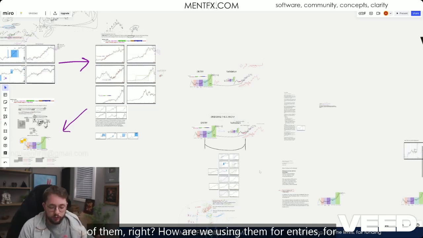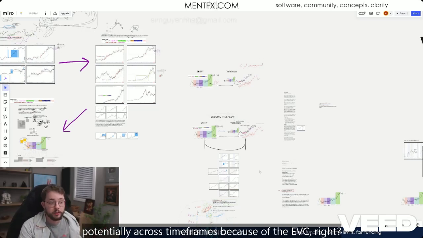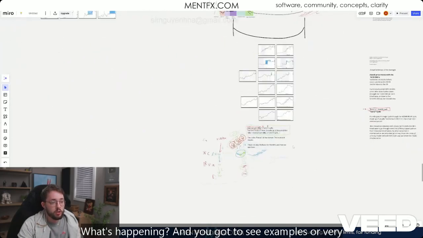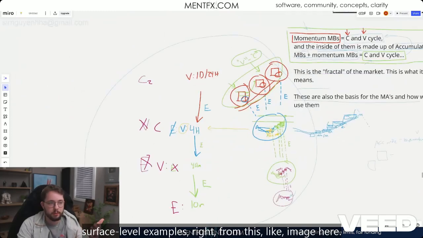How are we using them for entries, for momentum MBs, accumulation MBs? How are we using them potentially across timeframes because of the EVC, right? What's happening? And you got to see examples, or very surface level examples, even from this image here.